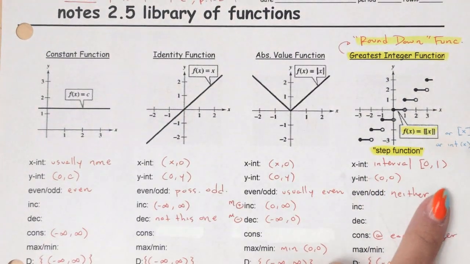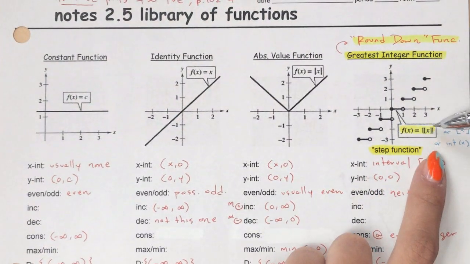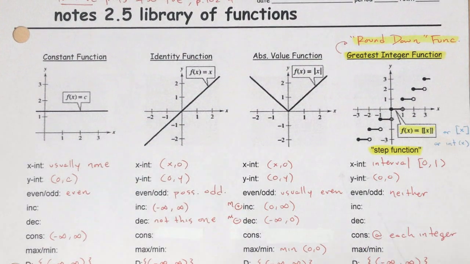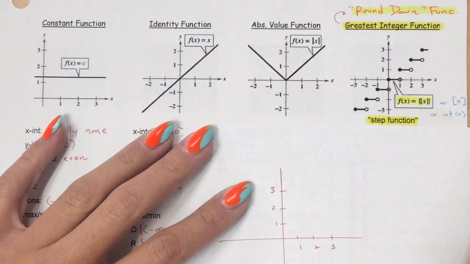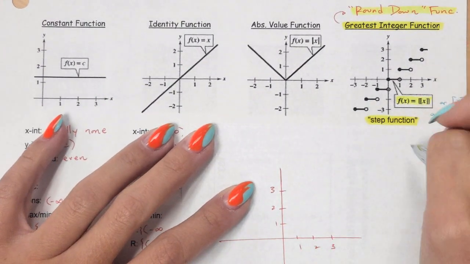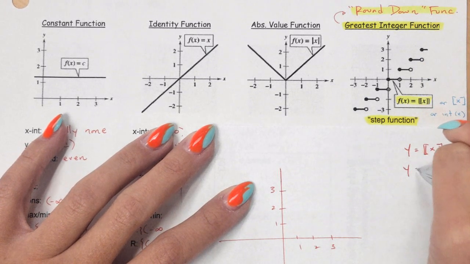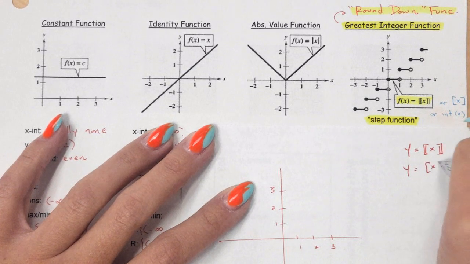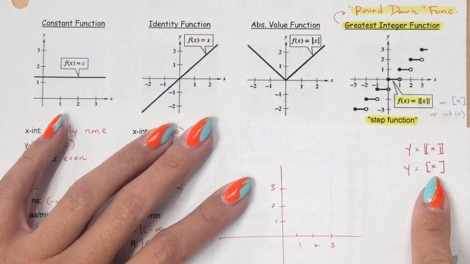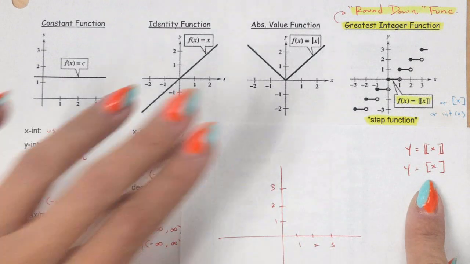And then on the right side, this shows that this can be written, I'm going to write it over here also. It can be written as y equals, and then it's maybe a double bracket, or sometimes you're going to see a single bracket. This is not the same as absolute value though, okay?